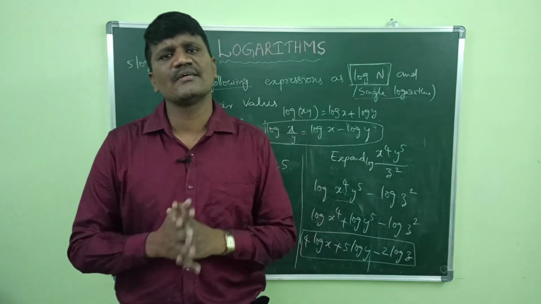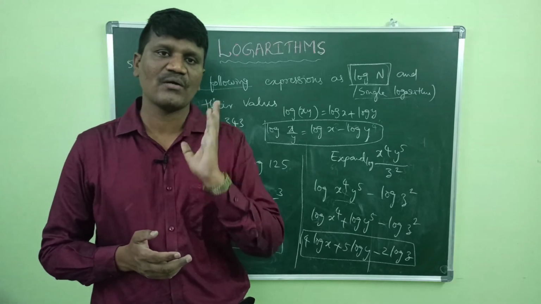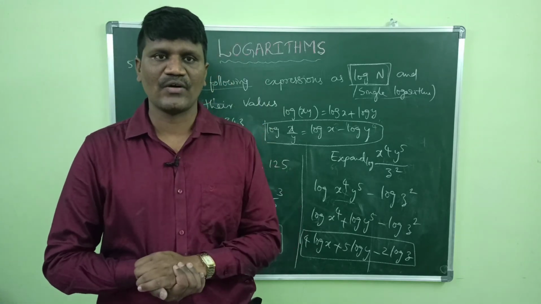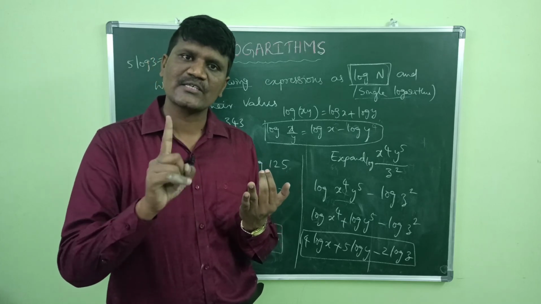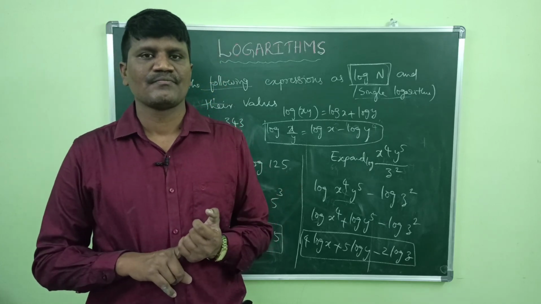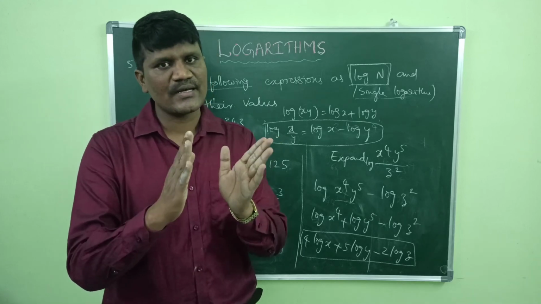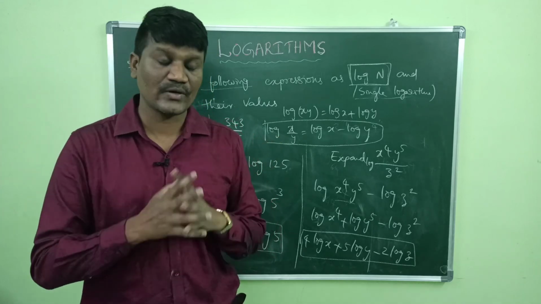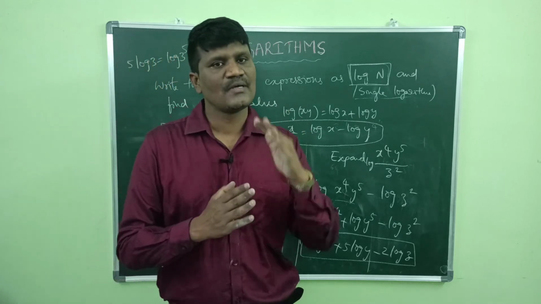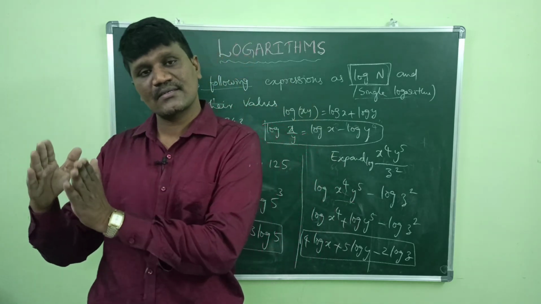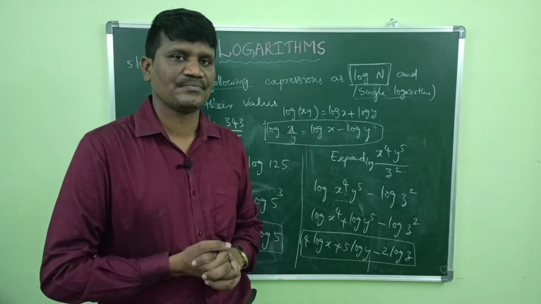The most important formulas are the power rule, log x power m is equal to m log x, the product rule, log xy is equal to log x plus log y, and the third, log x by y is equal to log x minus log y.